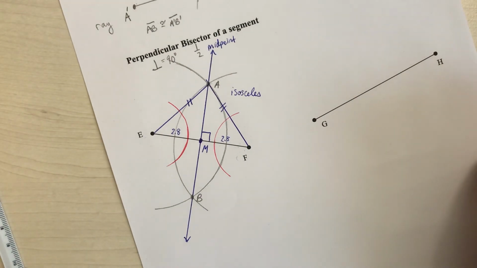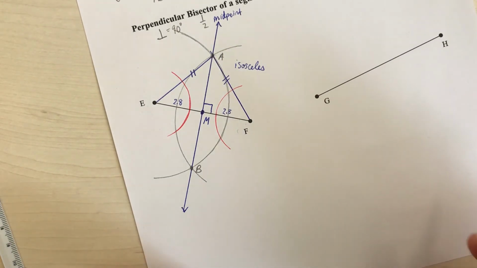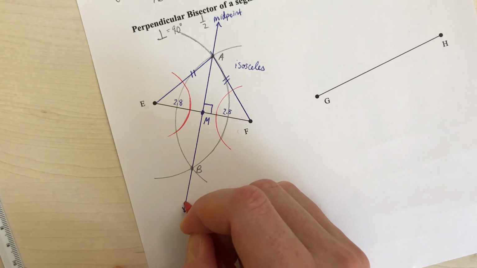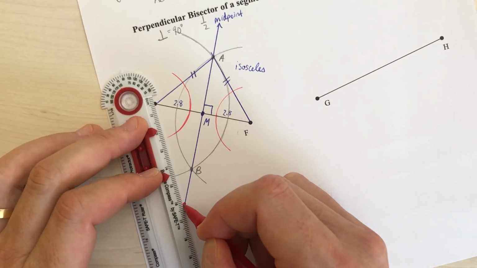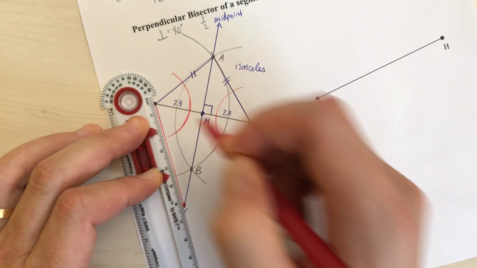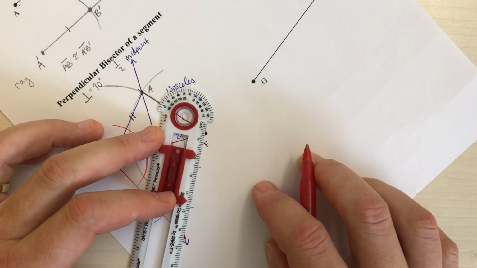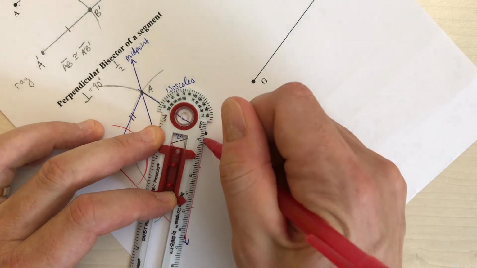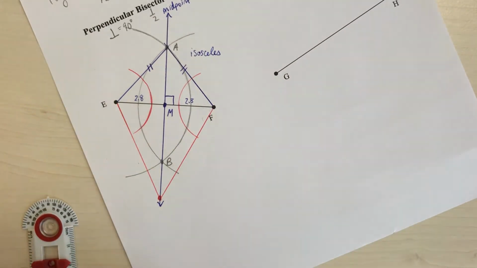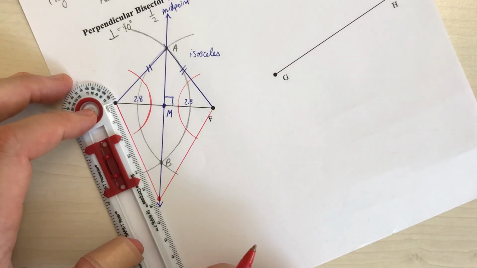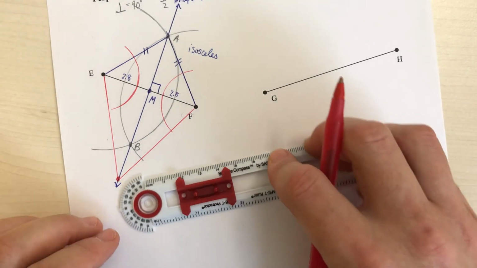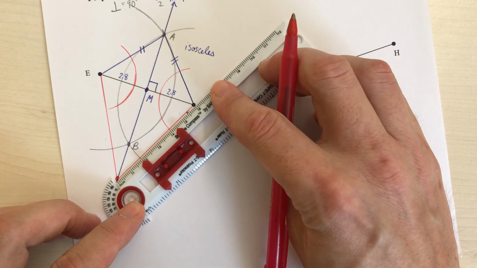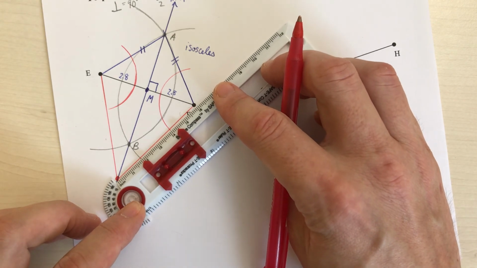Now what's kind of cool here is that let's say I pick a different point. I'll pick a point down here. If I connect that point to E and to F, I'll take the ruler here and just show you. That's about 6 centimeters. And this is about 6 centimeters.